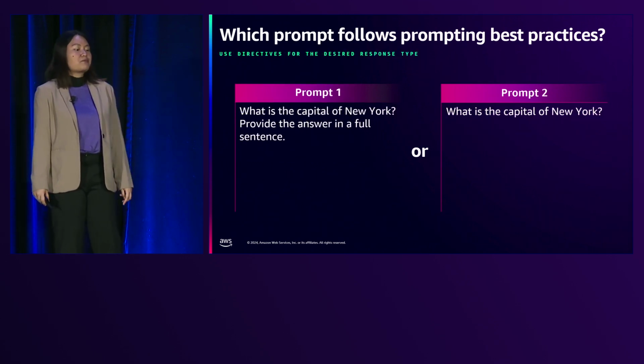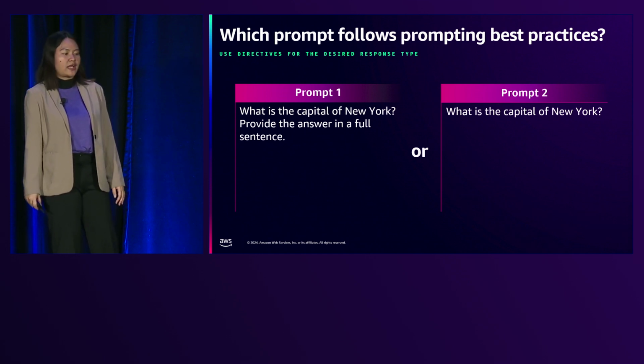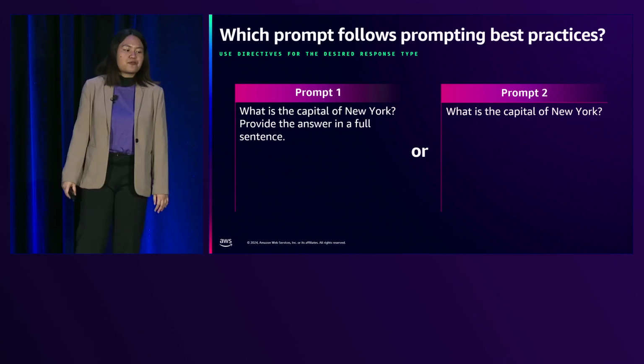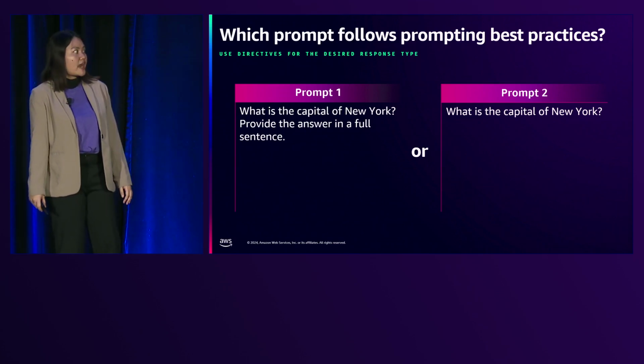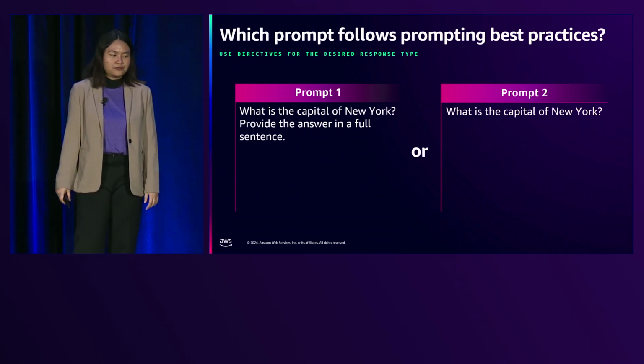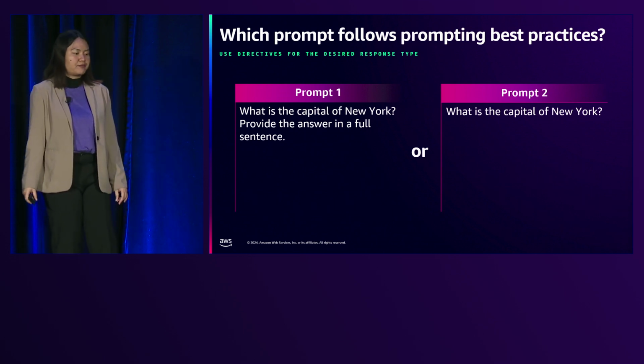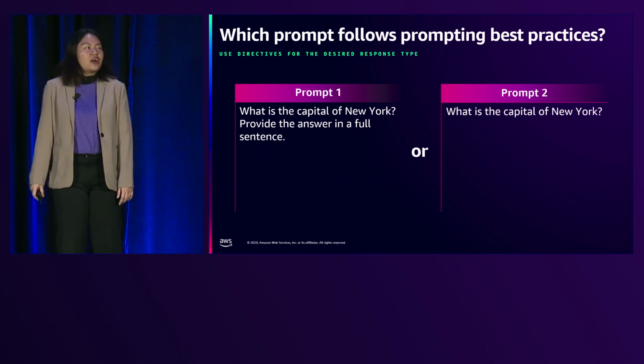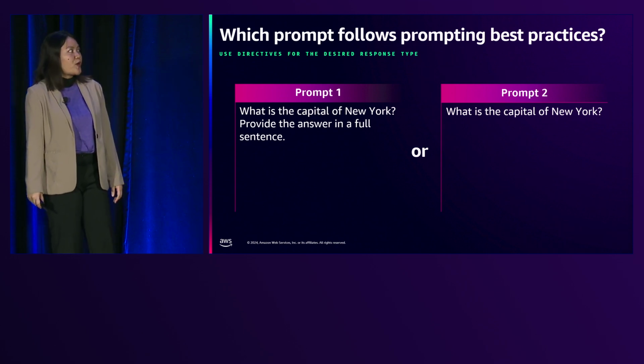Which prompt follows the best practice for using directiveness for desired response type? Remember, directiveness. All right, so I hope you already read prompt 1 and 2.